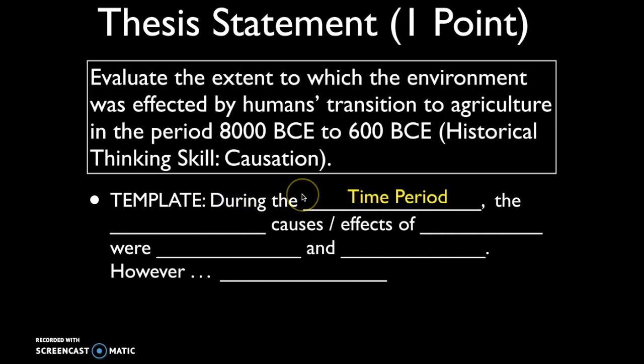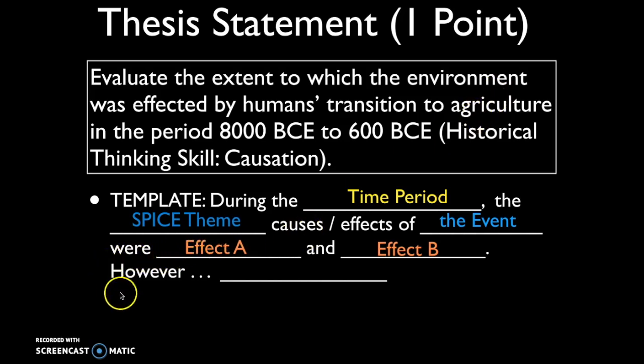So during the time period, in this case, 8000 BCE to 600 BCE, what's our spice theme here? The environmental effects is what they're asking for of the event, in this case humans' transition to agriculture, were effect A and effect B. Now, really critically important, in order to create a complex thesis, to score some of those extra complexity points, it's important that you then identify a qualifying statement, or a word that shows that you understand the nuances of the various arguments.